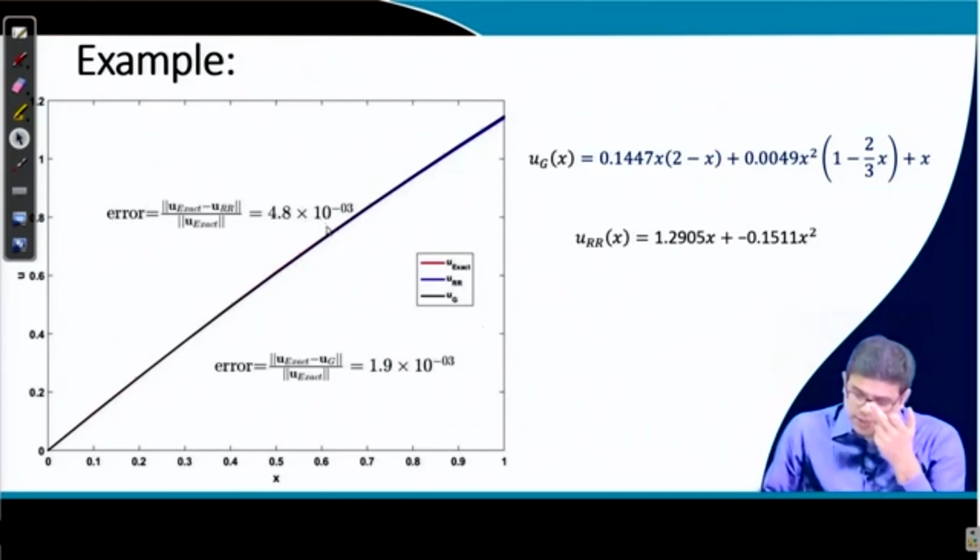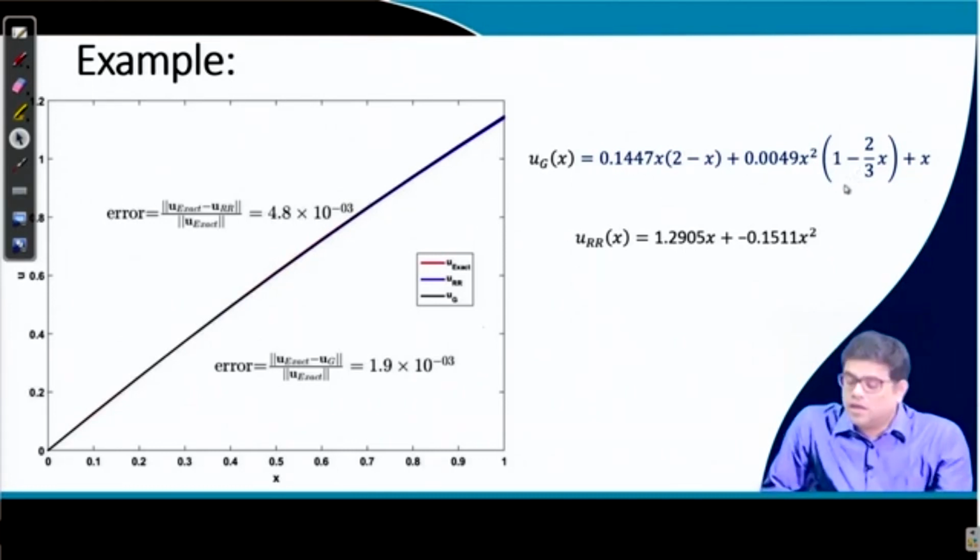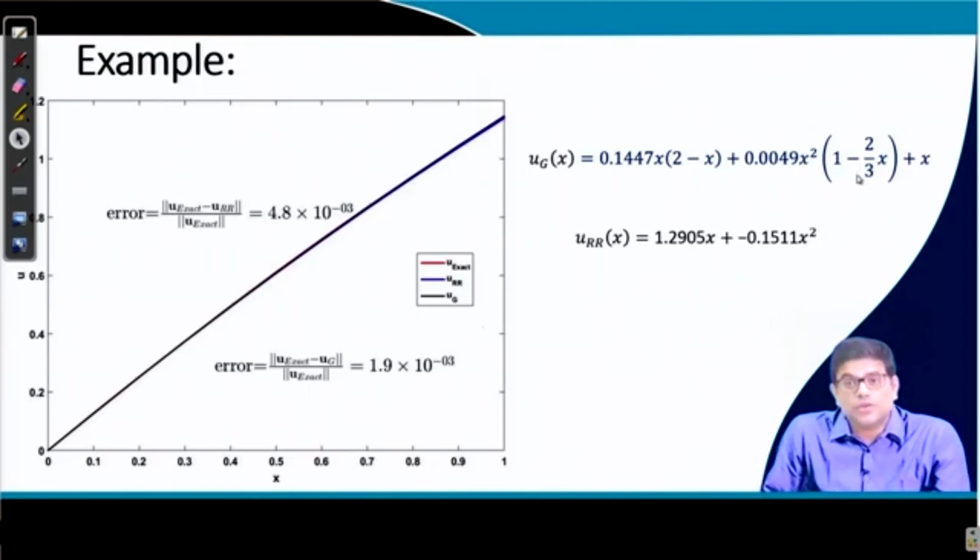There are two things here. One is that the Rayleigh solution was a quadratic solution and the Galerkin solution is a cubic approximation, so obviously this will give me a better result, but this is not always true. I will show you that in some exercise. Here, if you look carefully, the Galerkin, Rayleigh and exact solutions are not visibly much different.